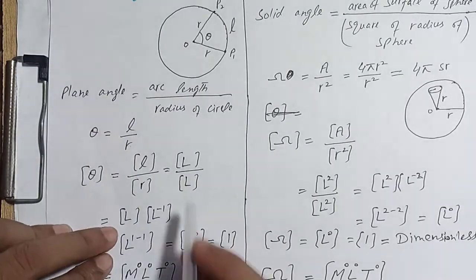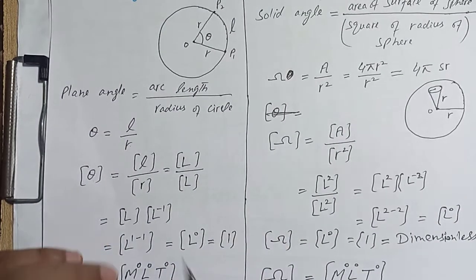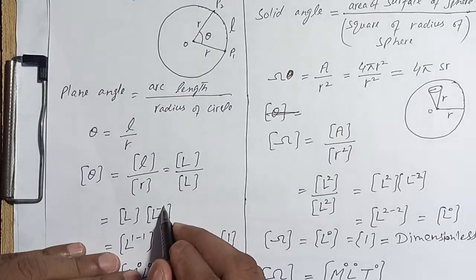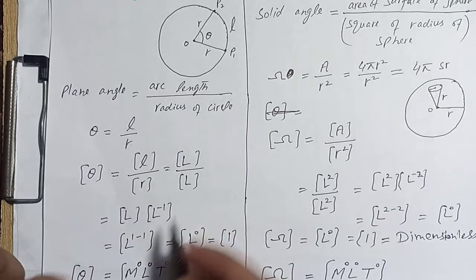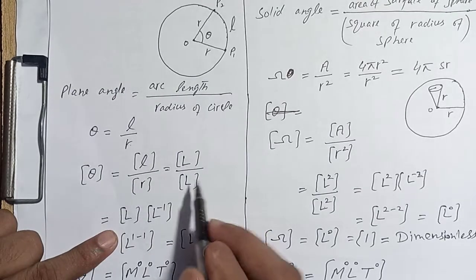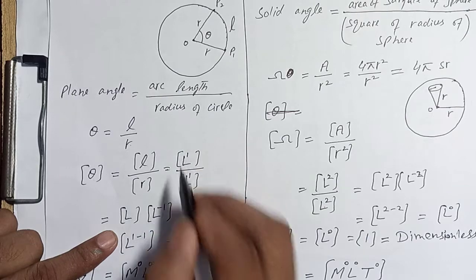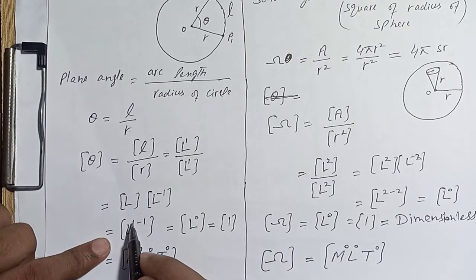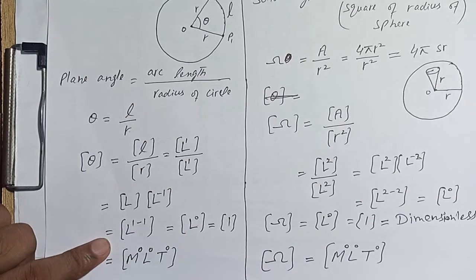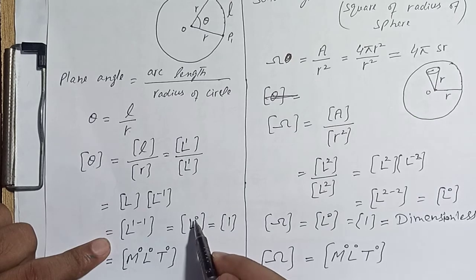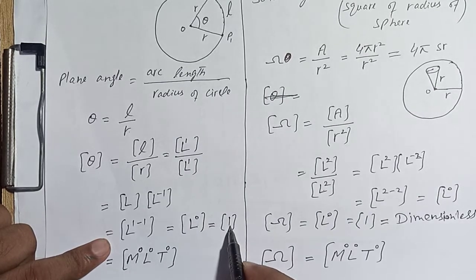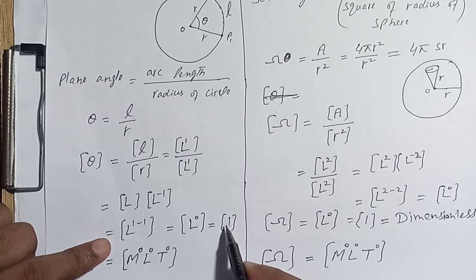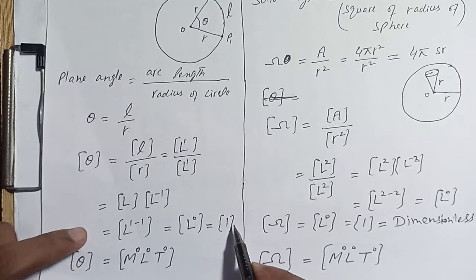So this term which is in the denominator, when it comes to the numerator, the sign of its power is reversed. So it is L, and it becomes L to the power minus 1. We combine these two brackets and it becomes L to the power 1 minus 1, which is 0, so L's power is 0. And a term having power 0 is equal to 1. 1 is a number which does not have any dimension.